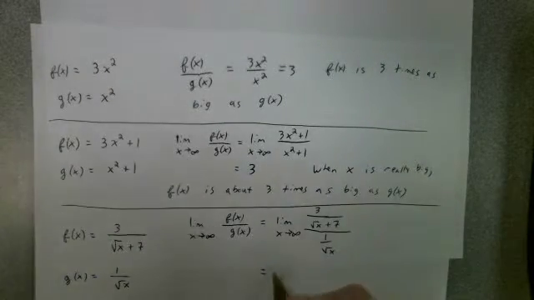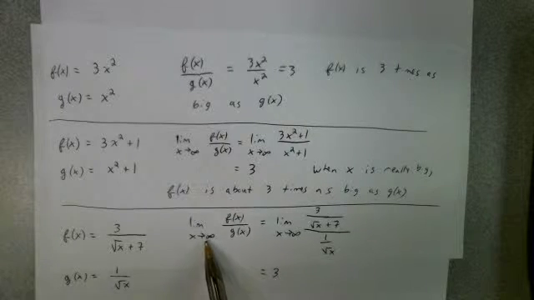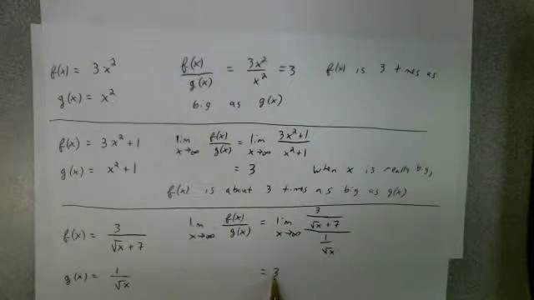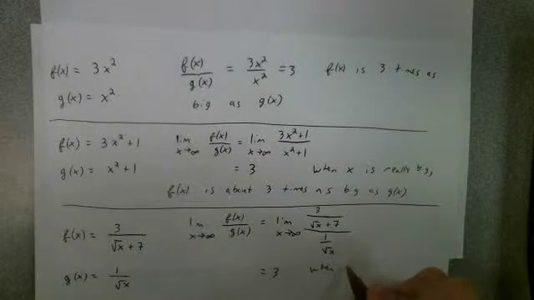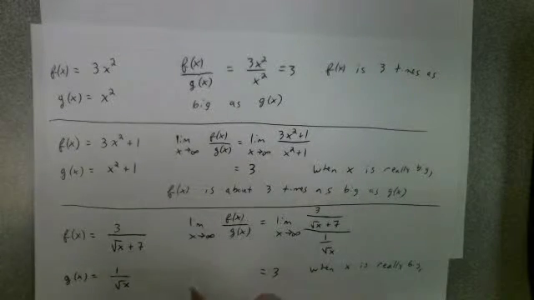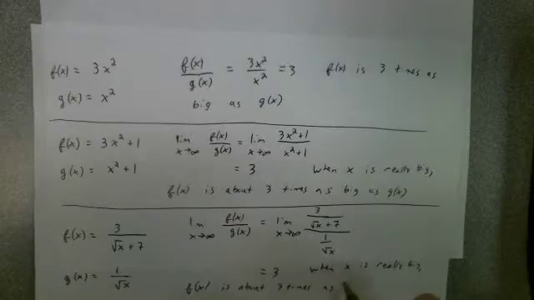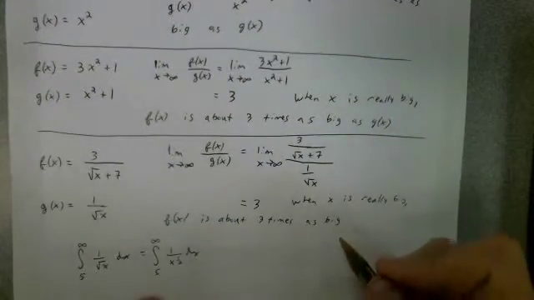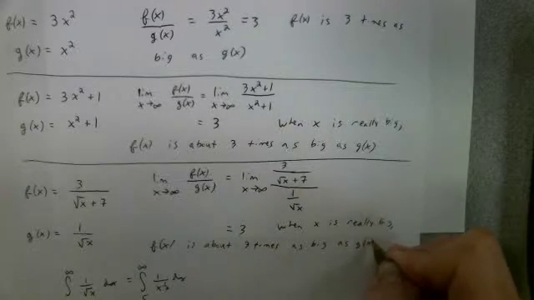That limit is going to be 3. So again, think about what that tells you. When x is really big, f of x divided by g of x is close to 3. So when x is really big, f of x is about 3 times as big as g of x.